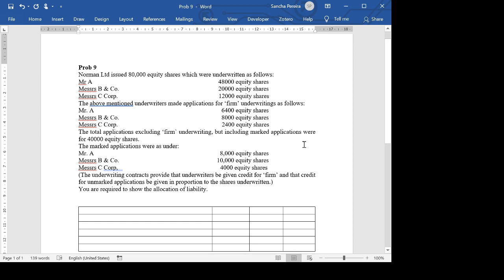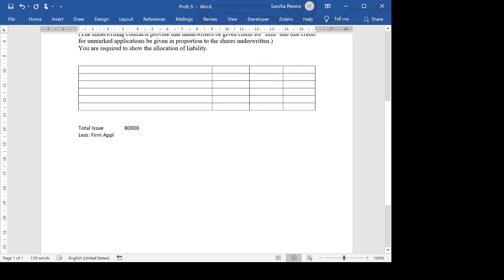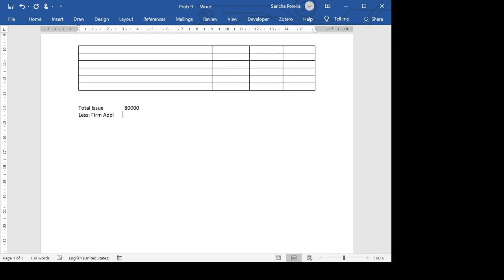So it comes to 6,400 plus 8,000 plus 2,400 will be 16,800, and there's also public subscription, less public application, which is a total of 40,000.